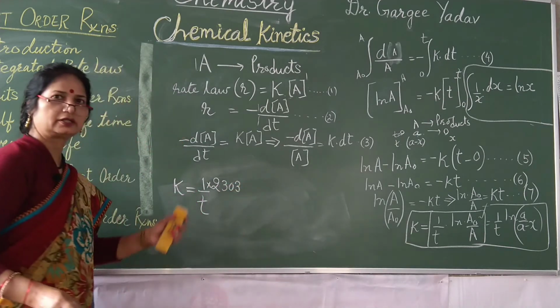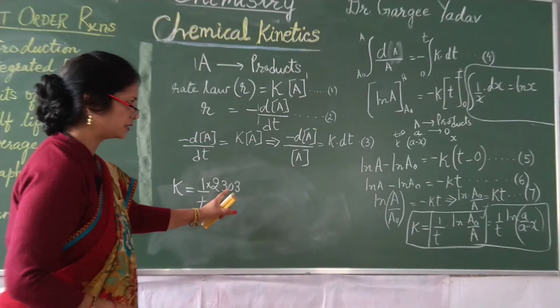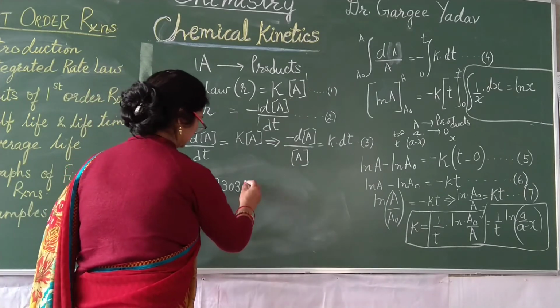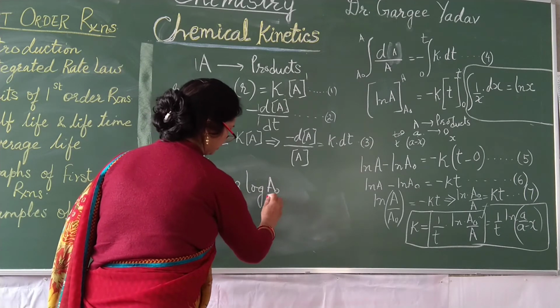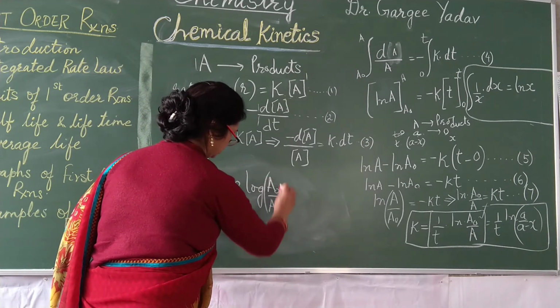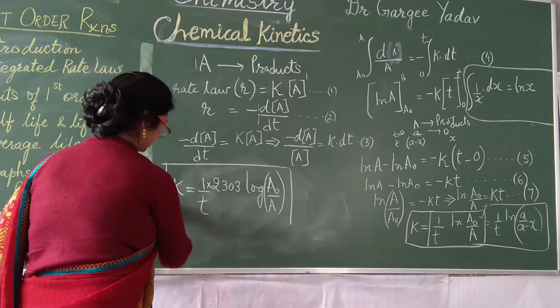Since we are changing the natural log to log base 10, we have to multiply by this factor, and this will be log of A naught upon A. So this is also one of the expressions.